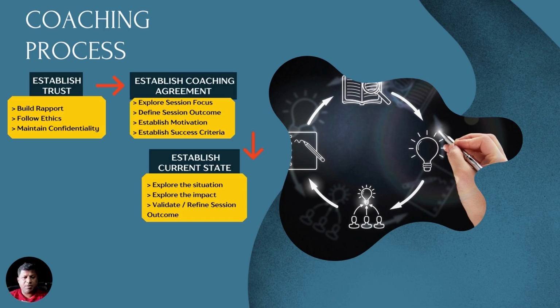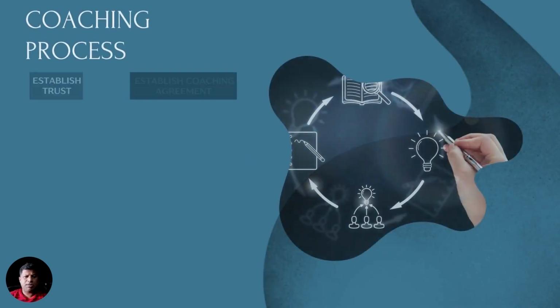The underlying root cause starts coming out when you start exploring the situation and exploring the impact. So that is where again you refine the session outcome. That means if required, you are recontracting once you establish and explore the current state, right? That is our third step.